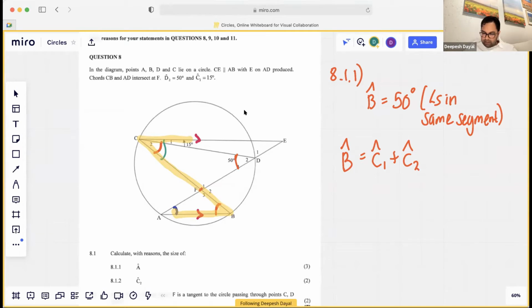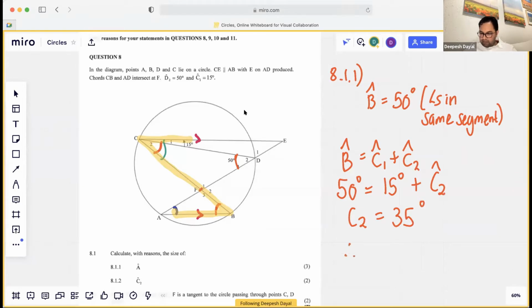So we've got here B then equals to 50, right? Equals to C1, we have 15 degrees plus C2. So C2 equals to 35 degrees.